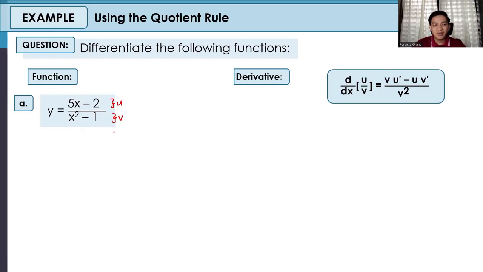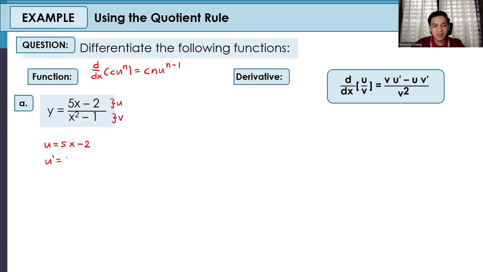So same process lang po sa ating product rule. First thing that we need to do is to differentiate our u, that is 5x minus 2. U prime po natin is, gagamit tayo ng constant multiple rule, that is the derivative with respect to x of our constant u^n is equivalent to constant n u^(n-1).